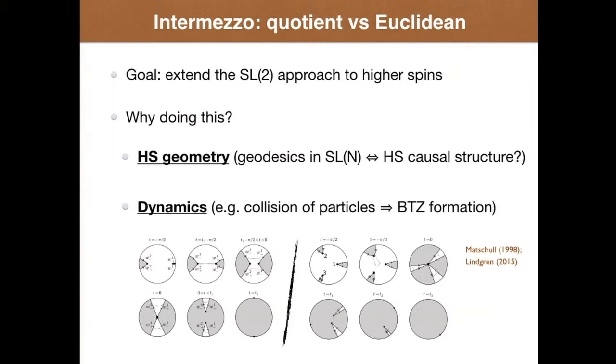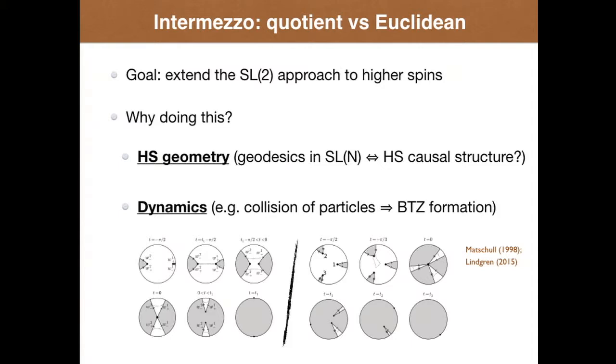So, for instance, you can define geodesics and so on, and you can hope that this gives some hints on causality in higher spins. Of course, it cannot be as simple as classifying geodesics in SLN groups, because you have to pick an embedding of SL2, so you have to decide where gravity is, and then the notion of causality should depend on this embedding.